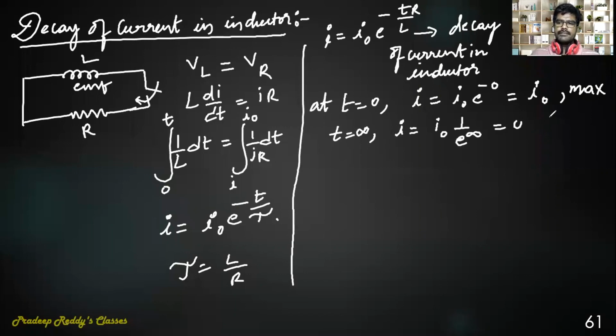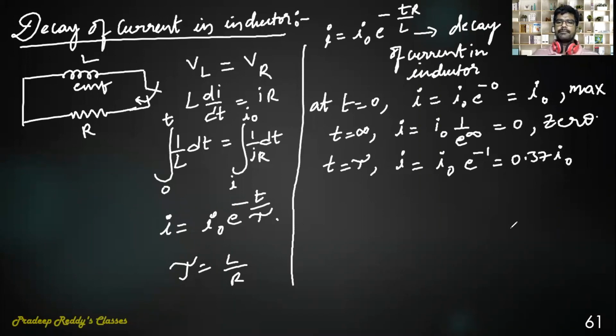Something divided by infinity is 0. So finally, current in the inductor will become 0. This is the decay taking place in the inductor. And when t is equal to tau, you can write I is equal to I naught into e power minus 1, which is equal to 0.37 times I naught.